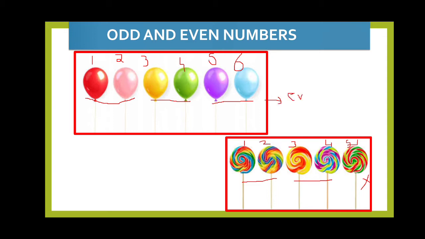You see the number 6 makes a pair, so it is an even number. In the same way, in the second picture, the total lollipops are 5. It is not making a pair, so 5 is an odd number. So 6 is an even number and 5 is an odd number.